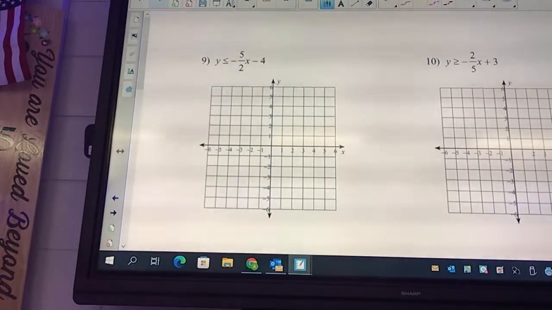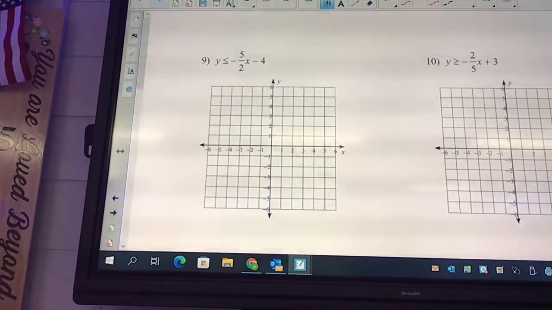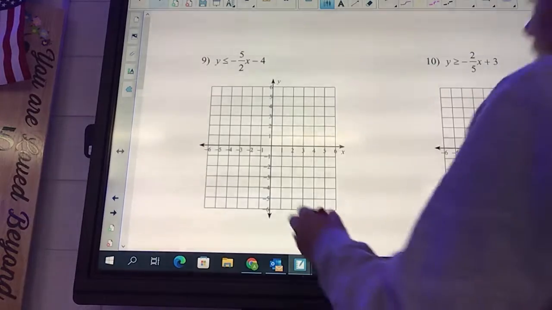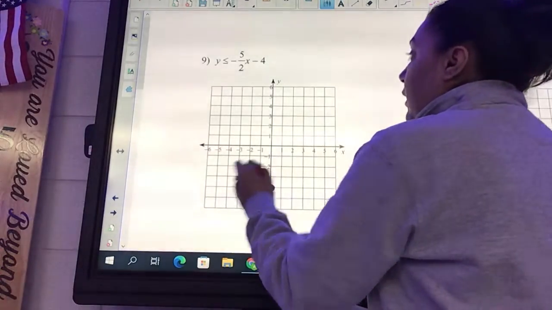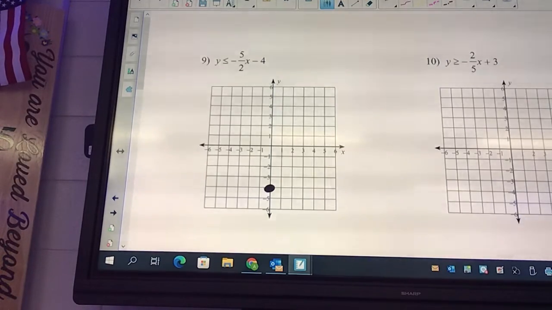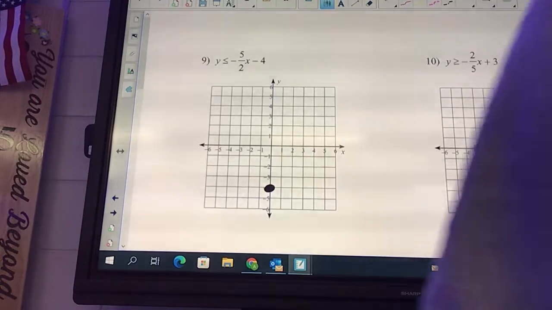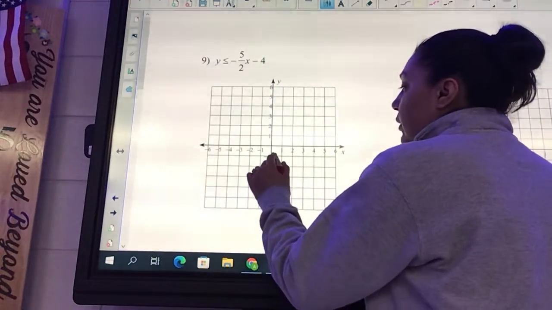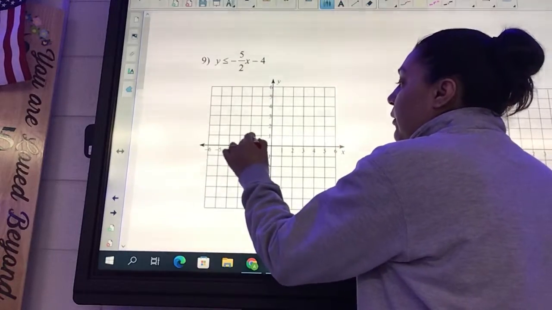Okay, number 9. Where does it start? -4. And our slope is -5/2. Can we go up 5? Yes. Okay, so we're going to go up 5 over 2. 1, 2, 3, 4, 5, and over 2.